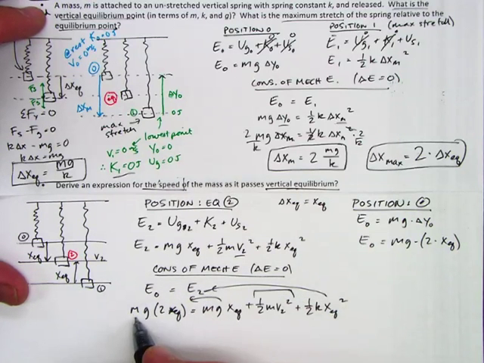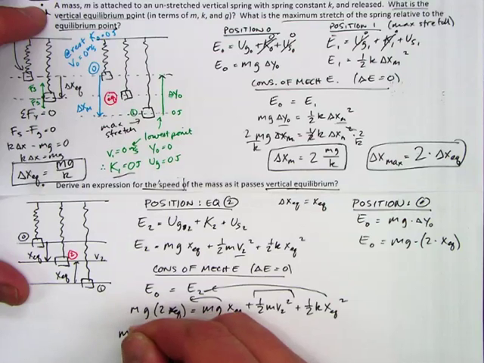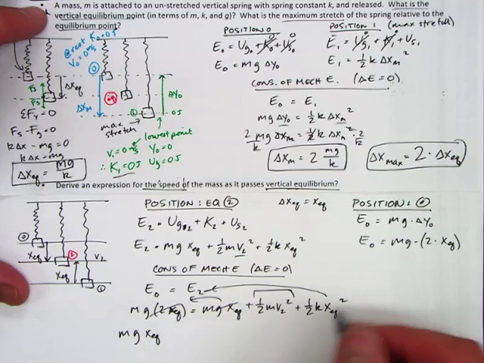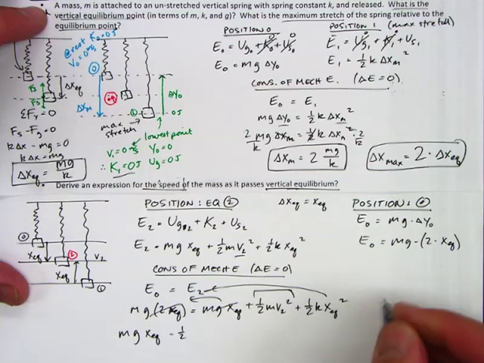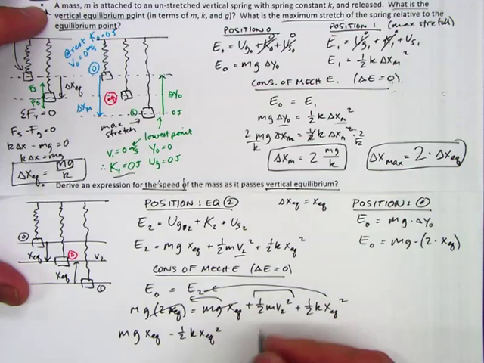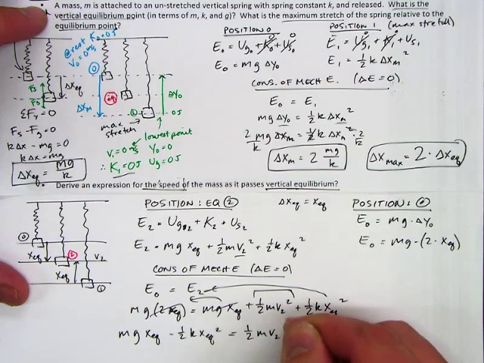So mg times 2 x equilibrium minus mg times x equilibrium is just mg times x equilibrium. So that's this minus this. Minus 1/2 k x equilibrium squared equals 1/2 m v2 squared.